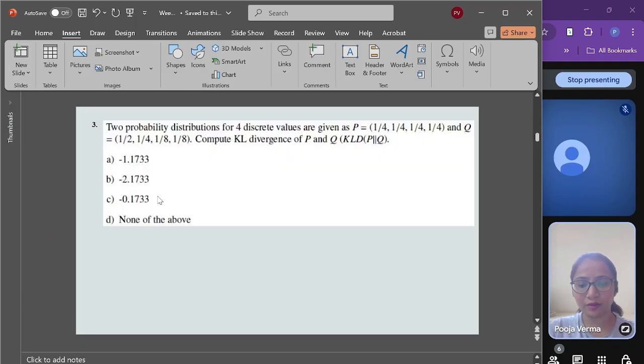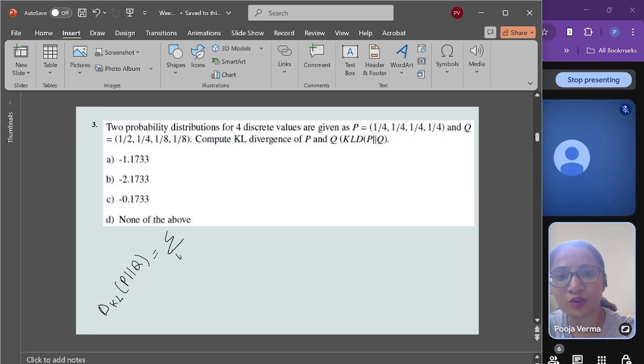Anyone have any idea how we can calculate this divergence? So for calculating the KL divergence of P and Q, the formula is written as D_KL of P and Q, where I will vary the total number of the features.